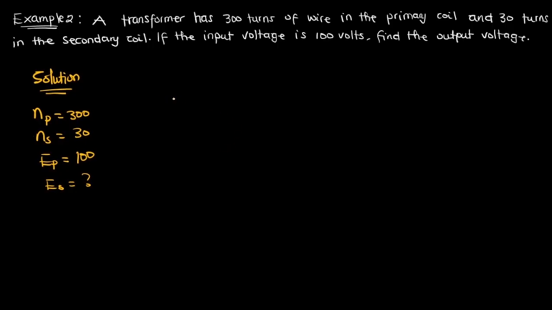So just like we did before, we have our secondary EMF over primary EMF is equal to the number of turns in the secondary over the number of turns in the primary, right? So from here, let me make ES the subject. I'll first of all cross multiply. So ES multiplied by NP is equal to EP multiplied by NS. So I have EP here multiplied by NS, right? We want to find ES, so I divide both sides by NP.